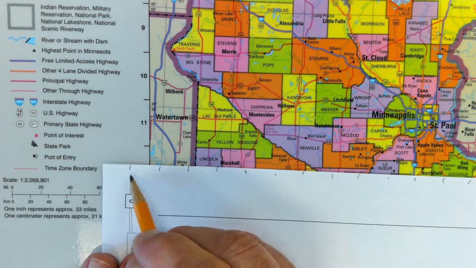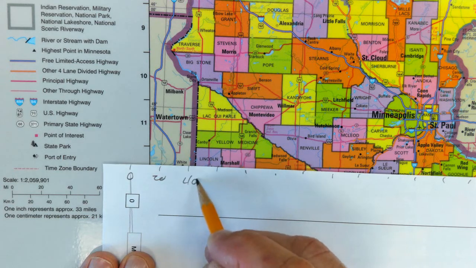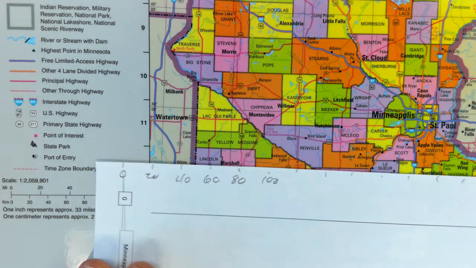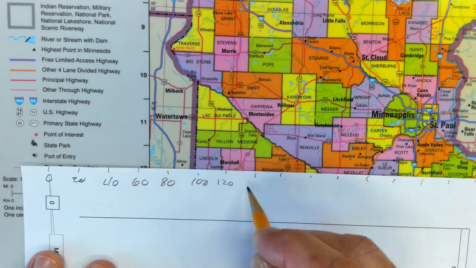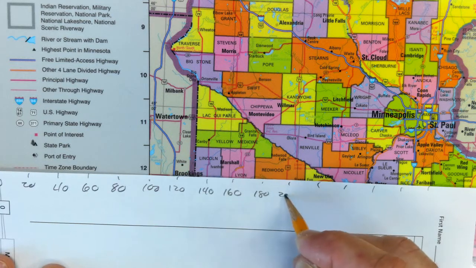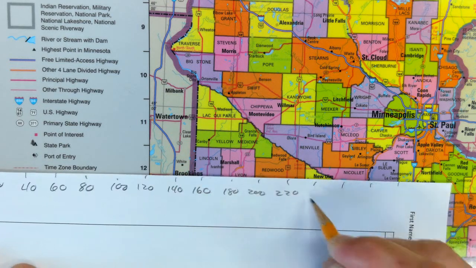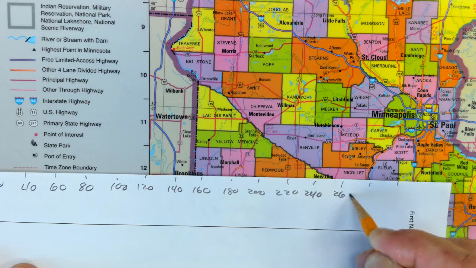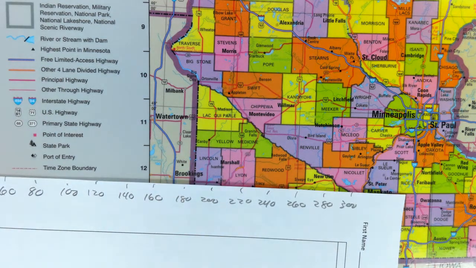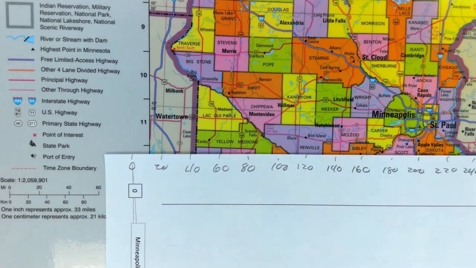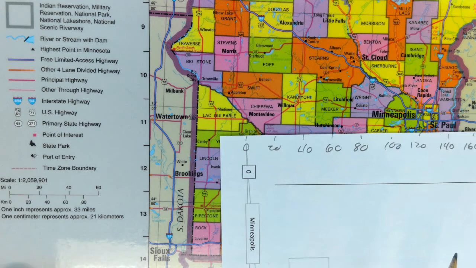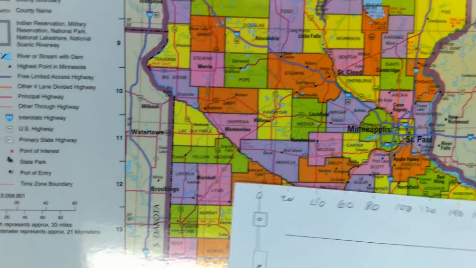So I'll go 0, 20, 40, and so on up to 120. Okay, so now I have my map scale, and I'll be able to measure across larger distances of Minnesota.